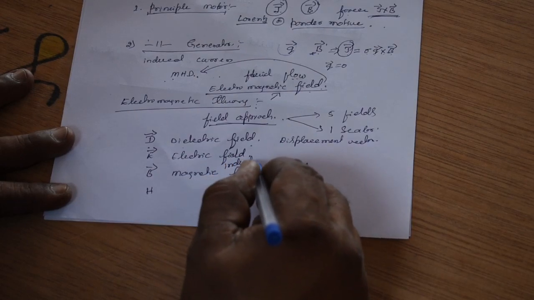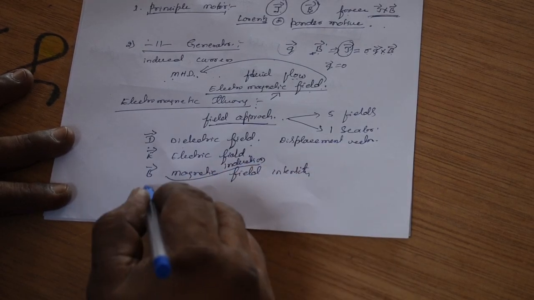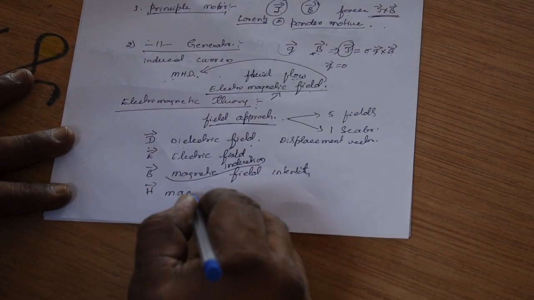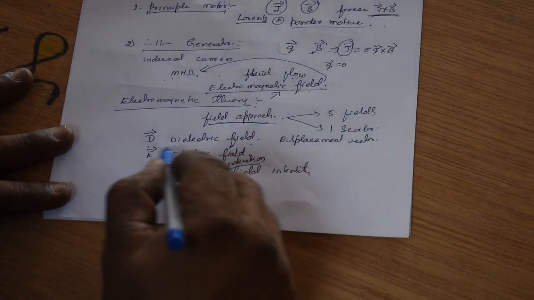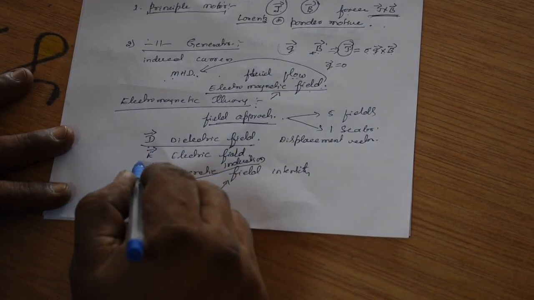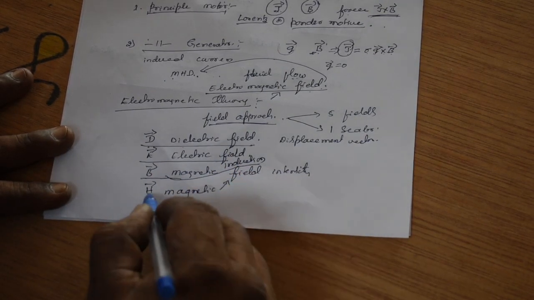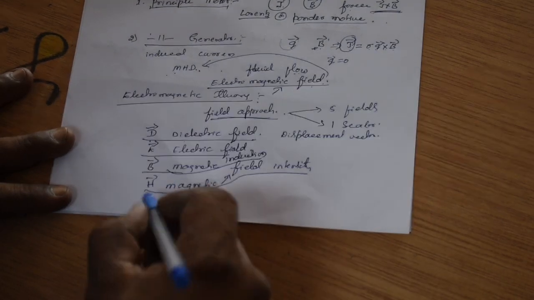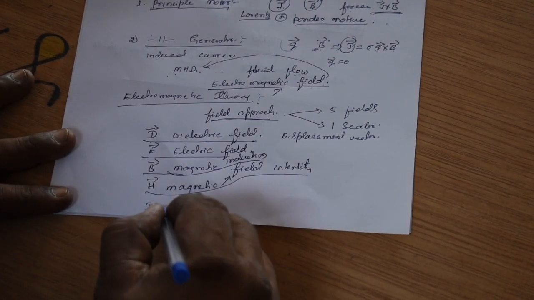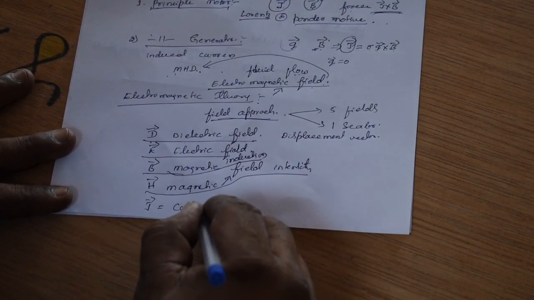B is known as magnetic induction, but H is known as magnetic field intensity. D is the dielectric field, E is the electric field, B is magnetic induction, and H is magnetic field intensity. And then J is current density. Vector J is current density.